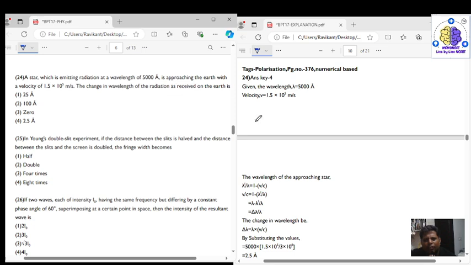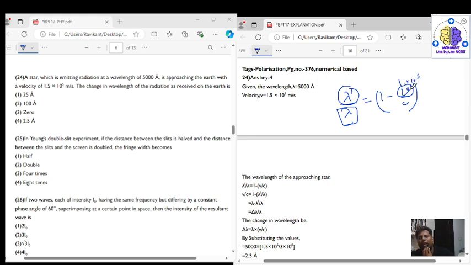Now for this we will use the formula: the new wavelength lambda dash upon lambda is equal to 1 minus v by c. This is the formula which we will be using. What we need to calculate is lambda dash. In the question they have given us lambda as 5000 angstrom, right? The value of v is given as 1.5 into 10 to the power of 5.